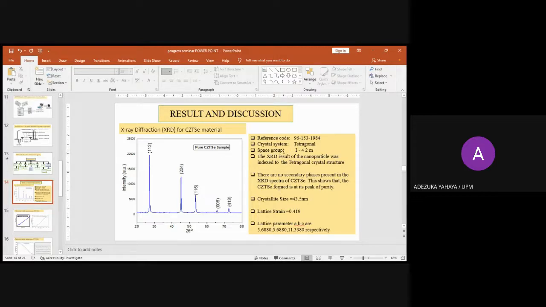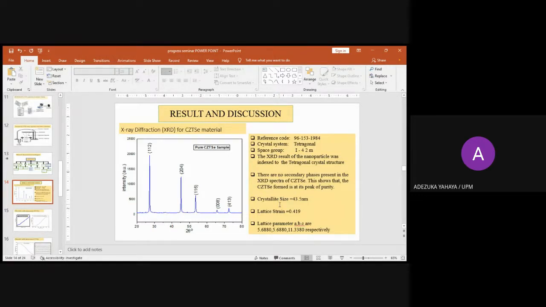The crystal system is tetragonal. From the peaks here, there are no secondary phases present in the XRD spectra of the CZTSe sample, and this shows that the CZTSe formed is at its peak of purity.